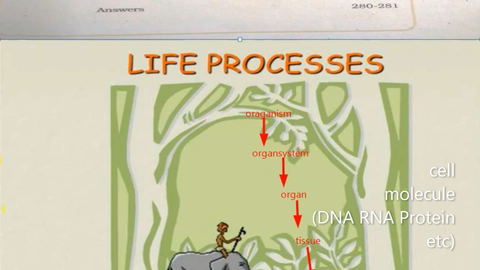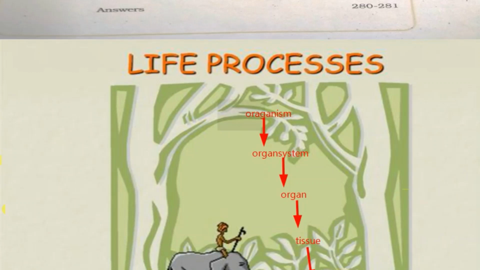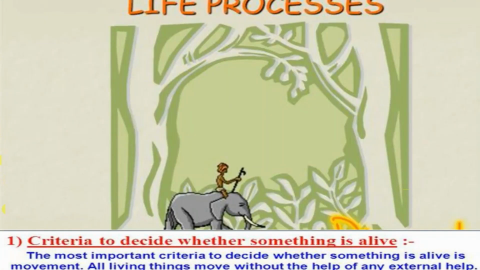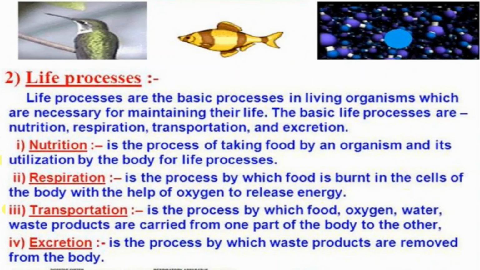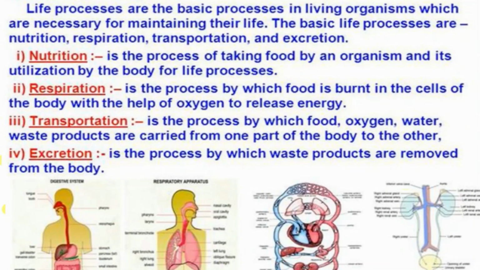So there is a word: maintaining. What are the maintenance processes in a living organism? That means a living being is made of cells, inside the cells there are molecules, and we are continuously working. So our body needs continuous repairing. That means maintenance is required.